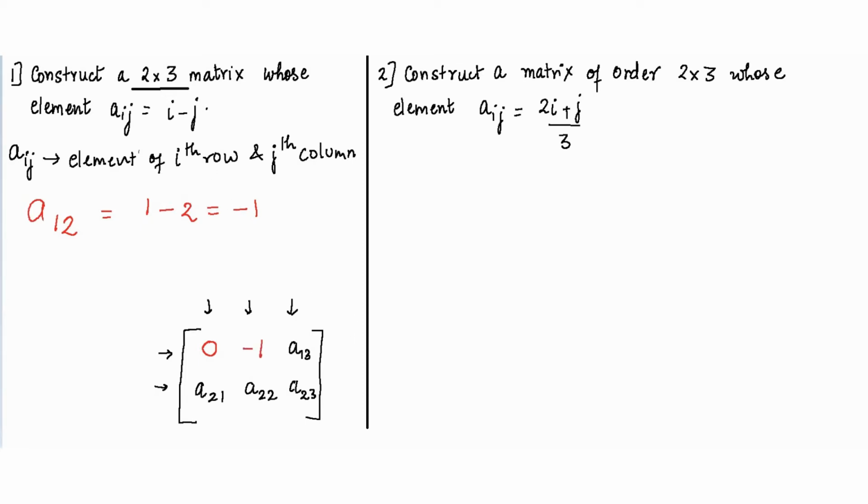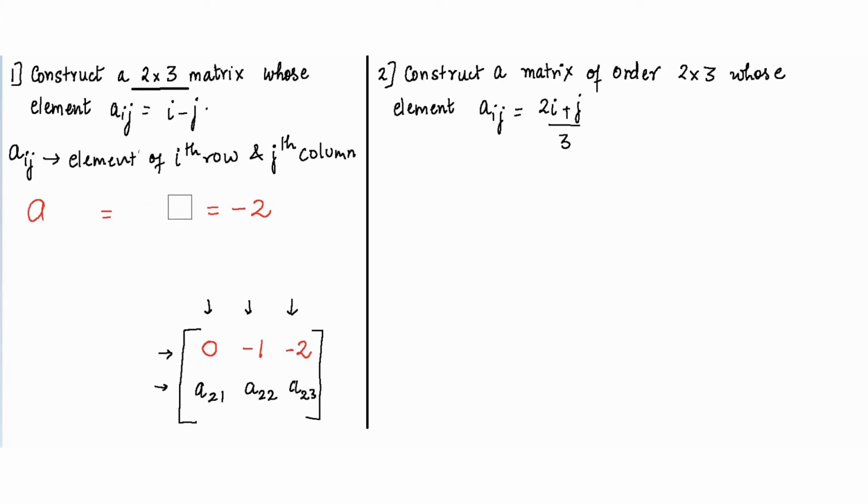Now let's go to A13. A13 would mean instead of j being 2, now j should be equal to 3. So the value will be 1 minus 3, which is minus 2. Therefore the first row, third column element is minus 2. Now let's find A21.